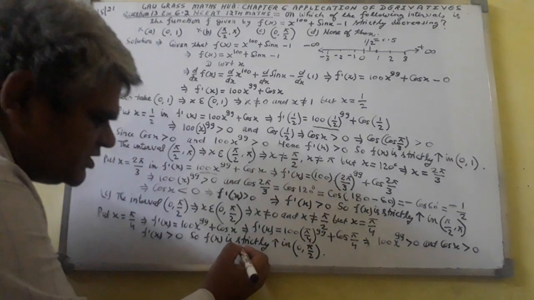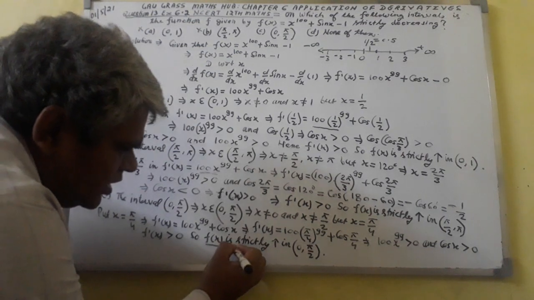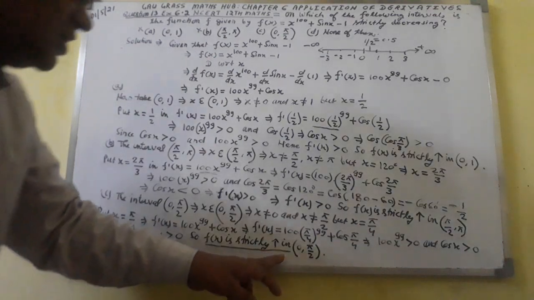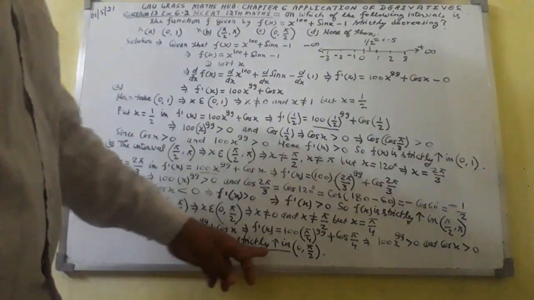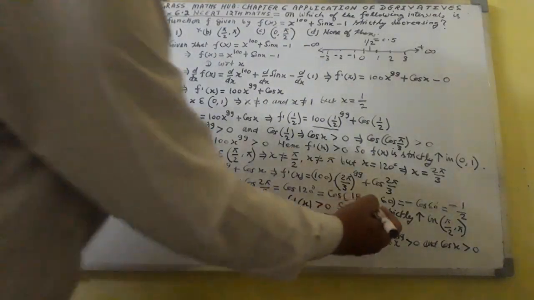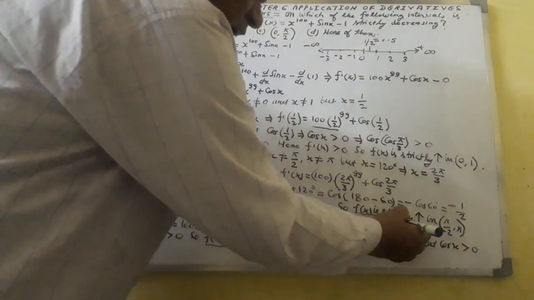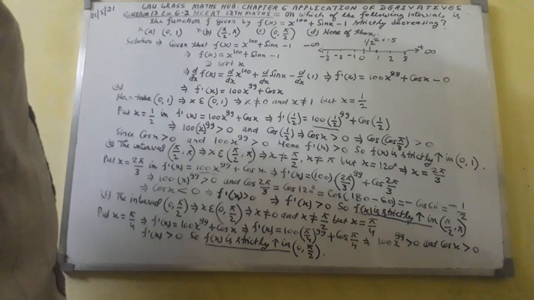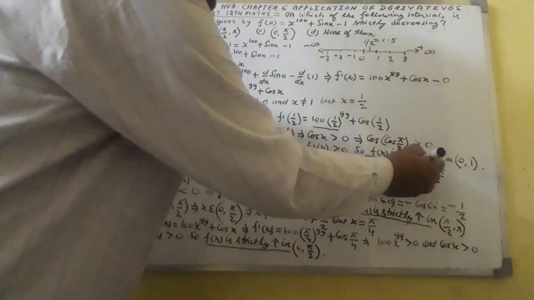So here you can see f of x is strictly increasing. Here also you can see f of x is strictly increasing. Here also f of x is strictly increasing.